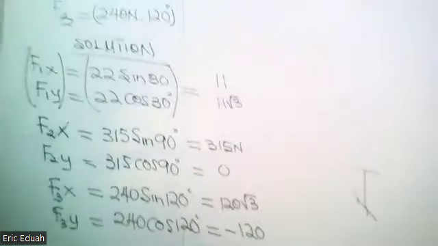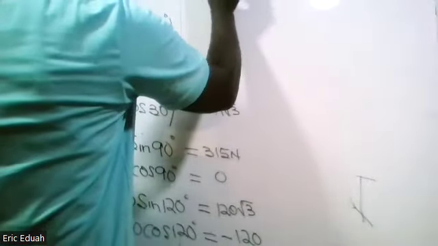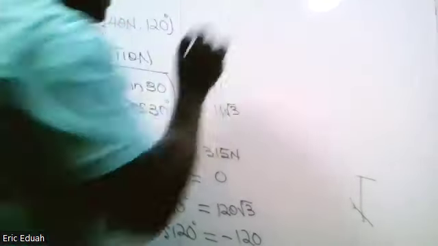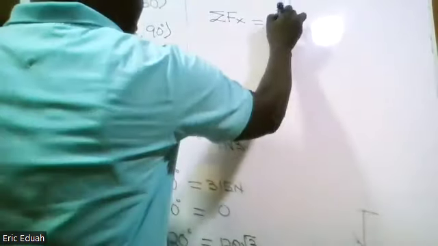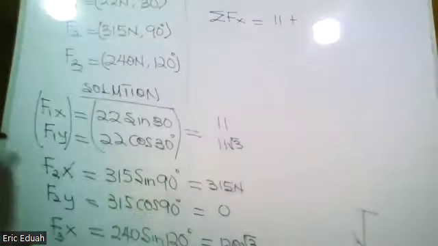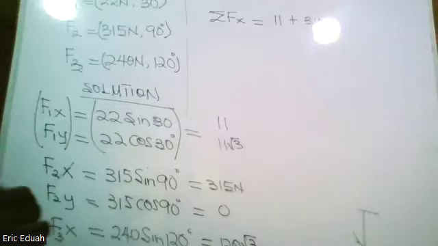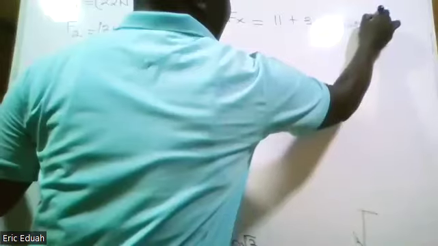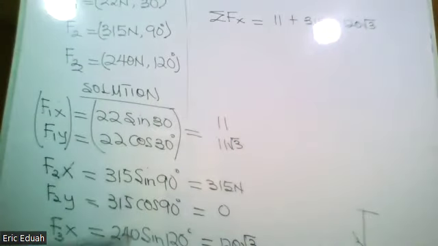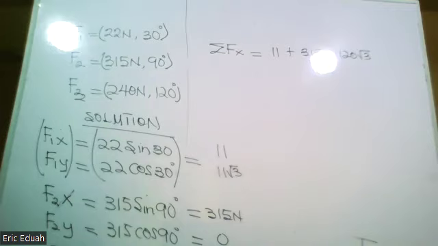Okay. So let's look at the summation of Fx. Our summation of Fx becomes 11 plus 315 plus 120 root 3. Please sum everything up for me. 11 plus 315 plus 120 root 3.